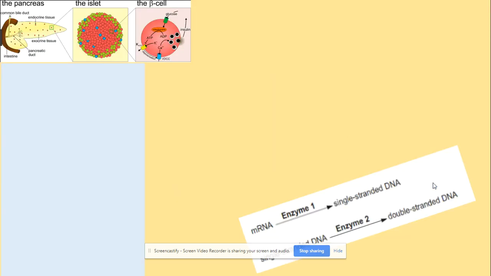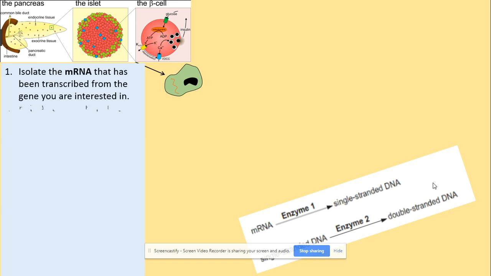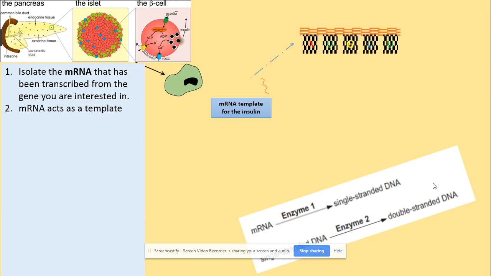So how does it work? As an example, we are going to use the B cell from the pancreas, which codes for the insulin. Okay, so this mRNA will be isolated and will act as a template.